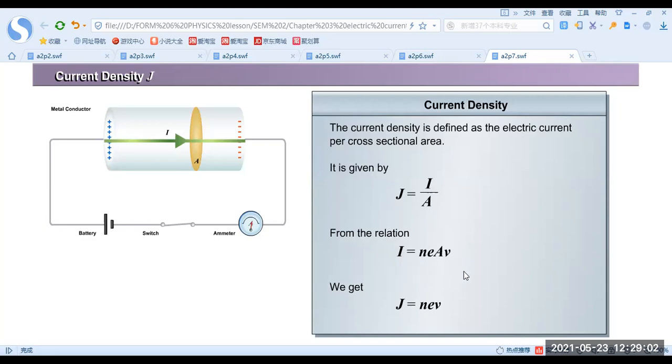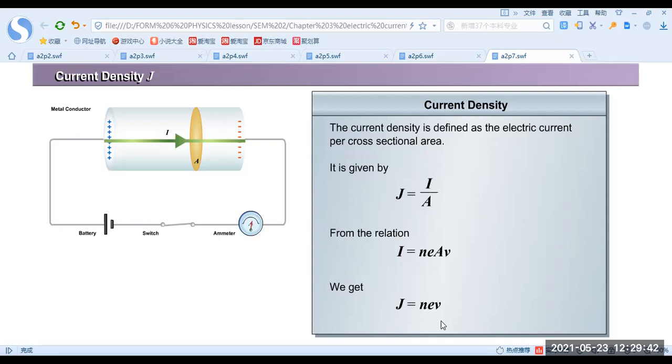So the current density is equal to NAVE over A. The A cancels, and we get that J, the current density, is equal to NEV. N is the number of electrons, E is the charge per electron, and V is the drift velocity of the electron.